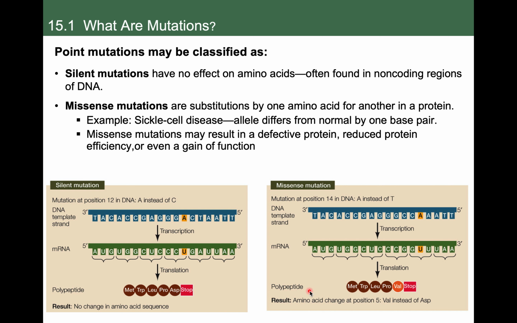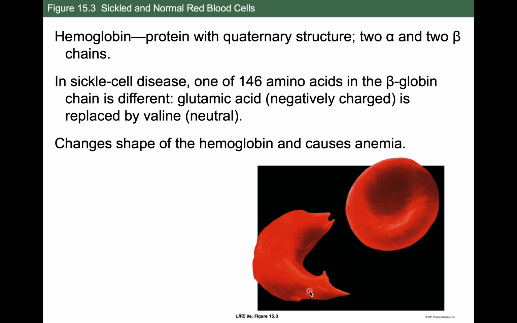Maybe it's a loss of function mutation. Maybe it's a gain of function. It really all just depends on the particular example we're talking about. But there are some famous examples of missense mutations that can cause essentially loss of function and cause human disease.